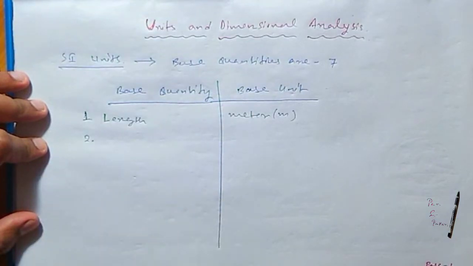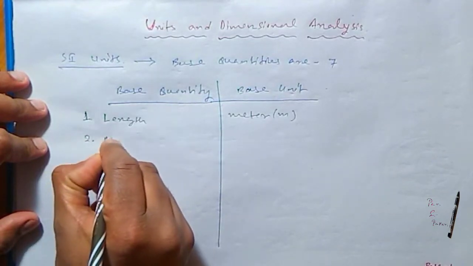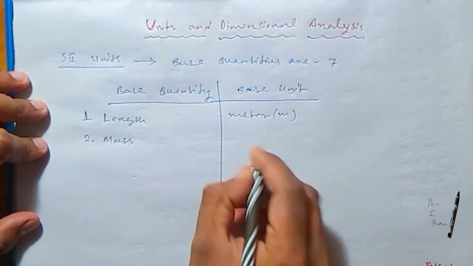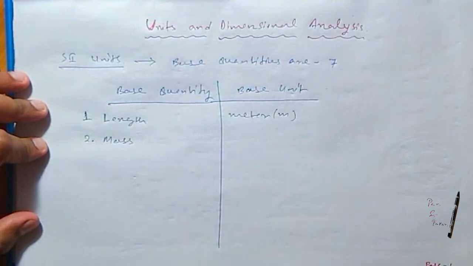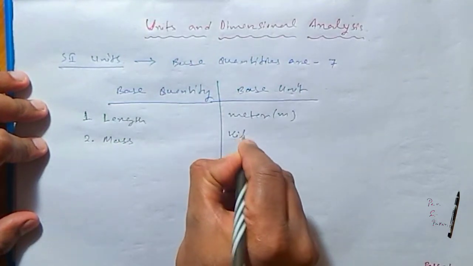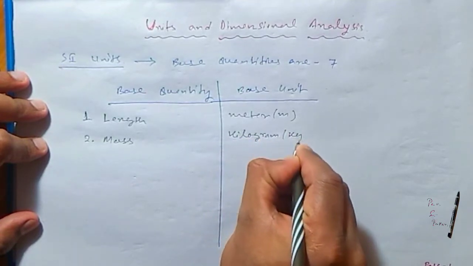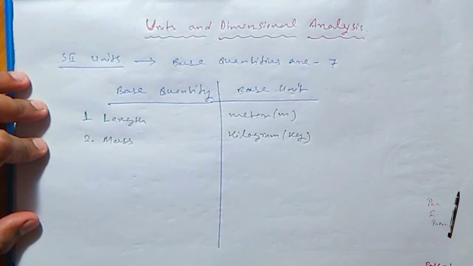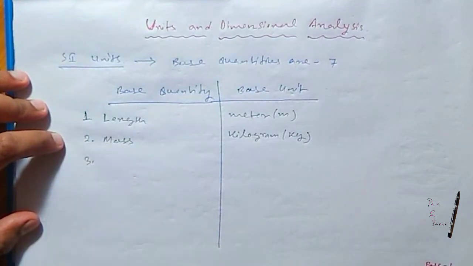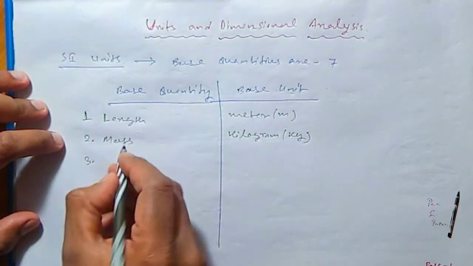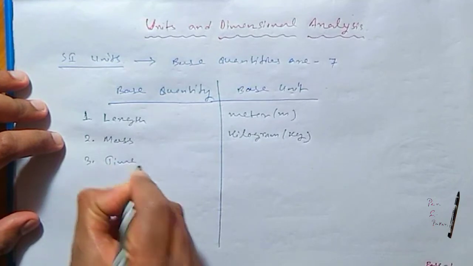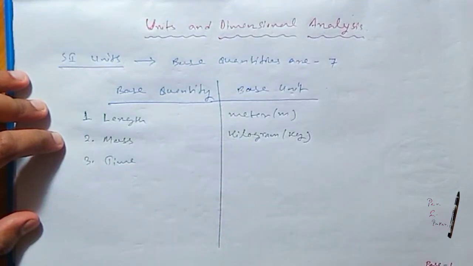Second base quantity is mass, base unit is kilogram, kg. Third base quantity is time, base unit is second.